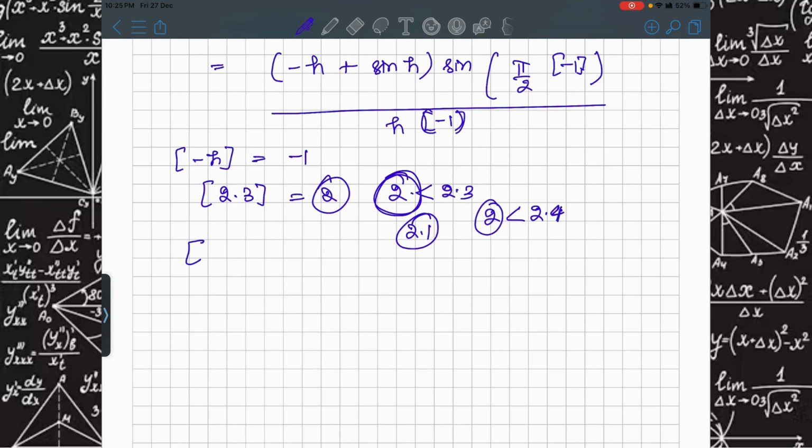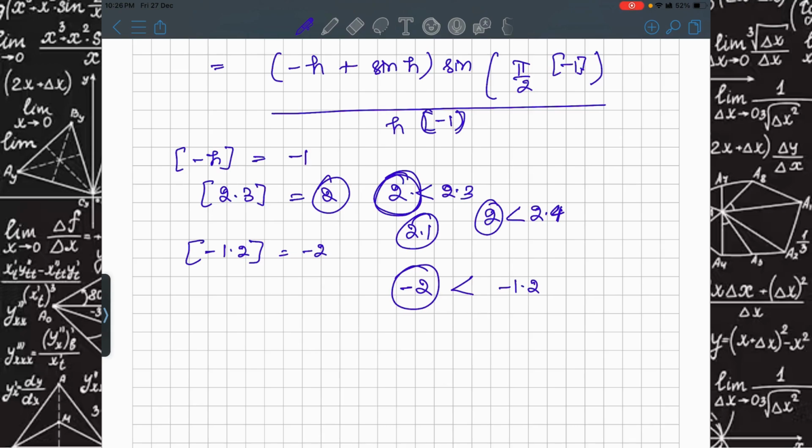Similarly for negative numbers as well. Greatest integer of minus 1.2. What is greatest integer of minus 1.2? It is minus 2, because minus 2 is less than minus 1.2, and it is the nearest integer which is less than minus 1.2.